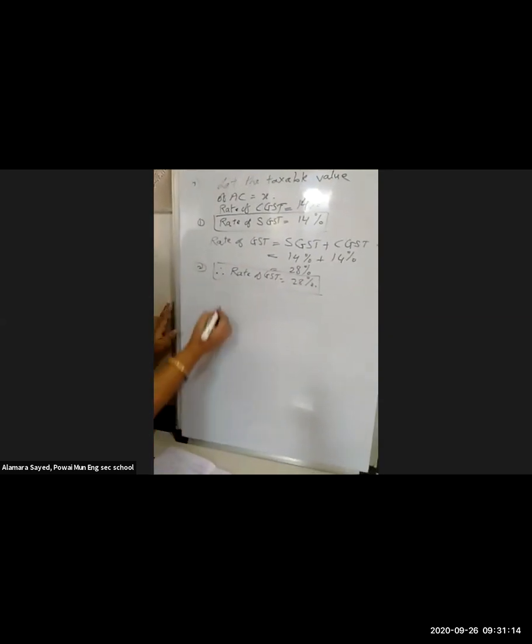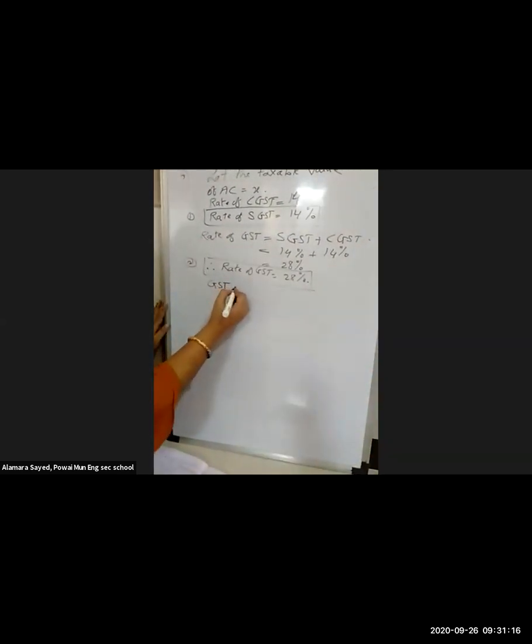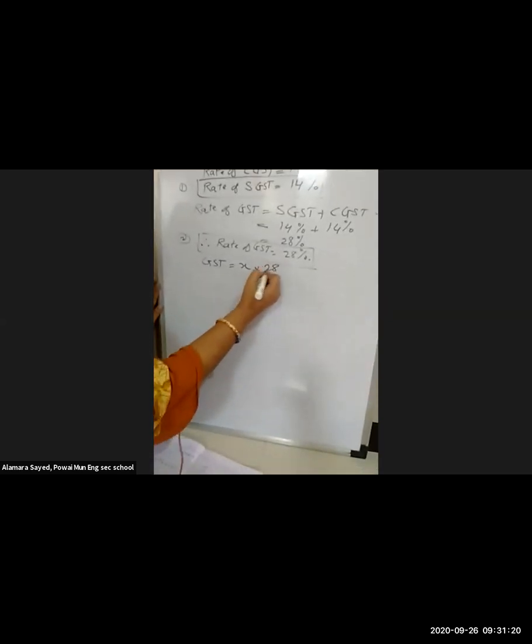Now GST, we don't know what its value is. So now GST is equal to X into 28 upon 100, that is 28x upon 100.